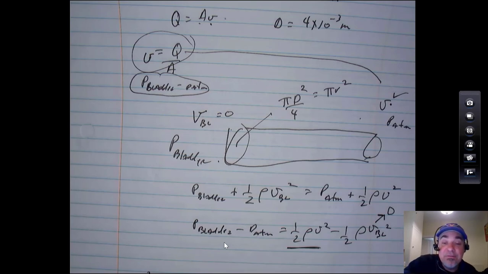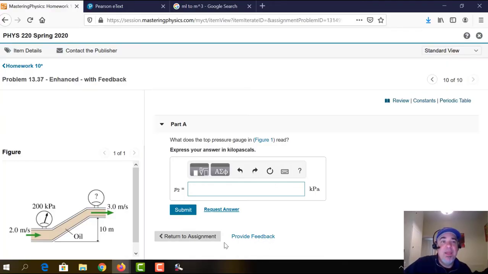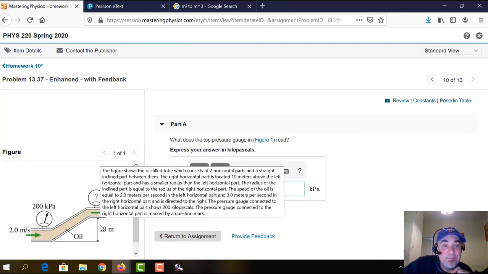Alright, let's look at the final question. Now you see with this problem in the picture, this actually has a difference in height. The previous picture was just a horizontal tube, but here, because there's some height, we've got a gravitational potential energy sort of term.